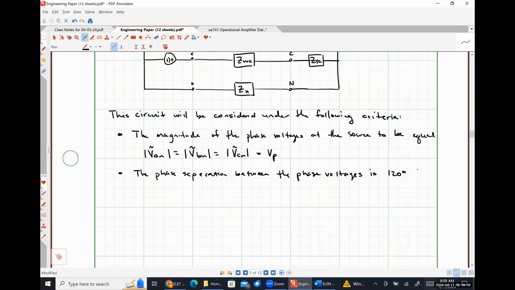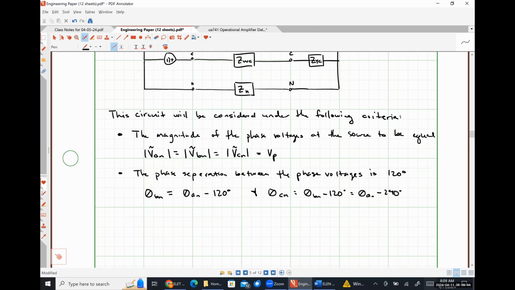So the angle theta BN must be equal to the angle theta AN minus 120 degrees, and the angle theta CN must be equal to theta BN minus 120 degrees, which is the same thing as theta AN minus 240 degrees.